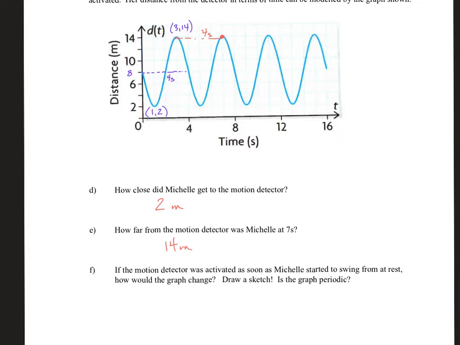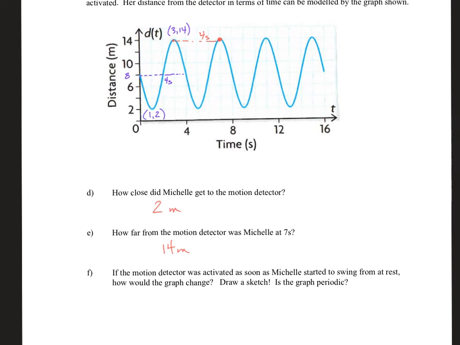And so if I had to give you a situation, let's take a look at the actual graph of Michelle swinging. I want you to imagine how consistent Michelle must be to always be swinging that way. Her action to swing towards the motion detector and back away was consistent every time.